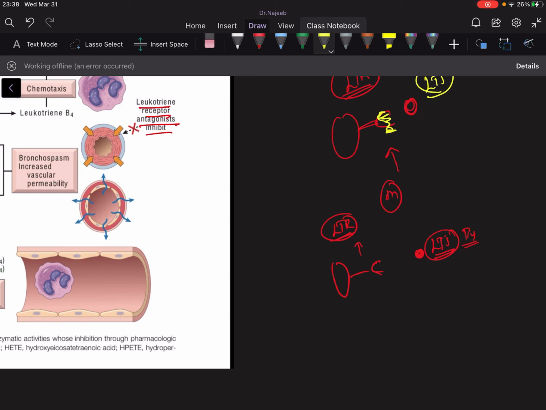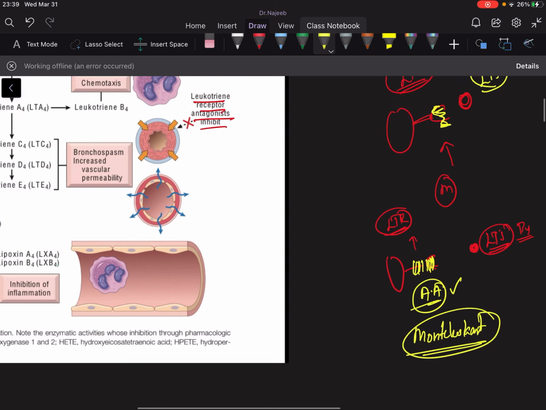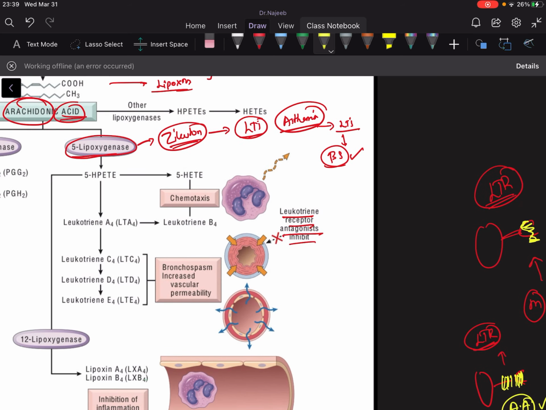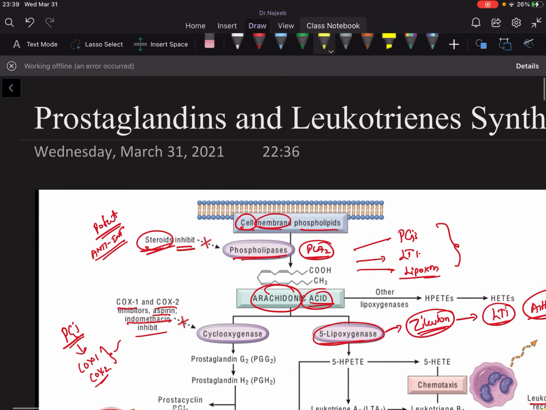There is a drug which will block this receptor; it is not an inhibitor, it is an antagonist. Such a drug is called montelukast. So here is our montelukast, which is a leukotriene receptor antagonist. So that was about the drugs I wanted to talk about. Thank you.